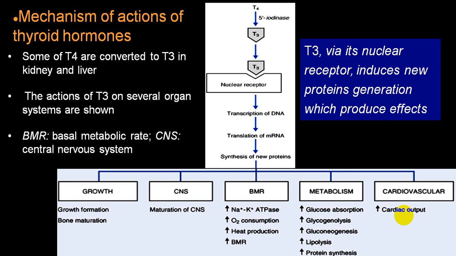So it increases the cardiac output. But in excess, it can stimulate the conducting tissue and can produce tachycardia, atrial flutter, fibrillation, and can end up with congestive heart failure.